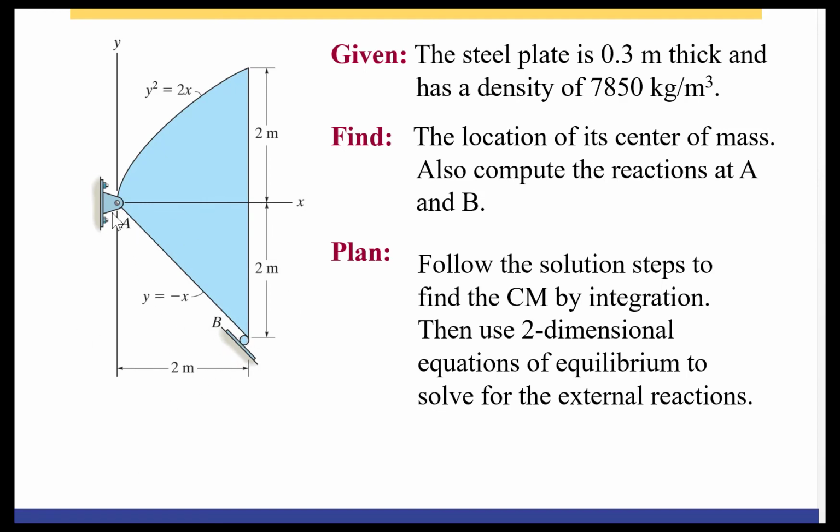Now I can apply summation of moment at A, and then I'll be able to know the reaction force, because the summation of moment is going to be the moment of that weight, whose location from A we will know, and then the moment of the unknown reaction, by multiplying that unknown with the distance from A to B, and that distance can be easily found because it's the hypotenuse of this triangle.